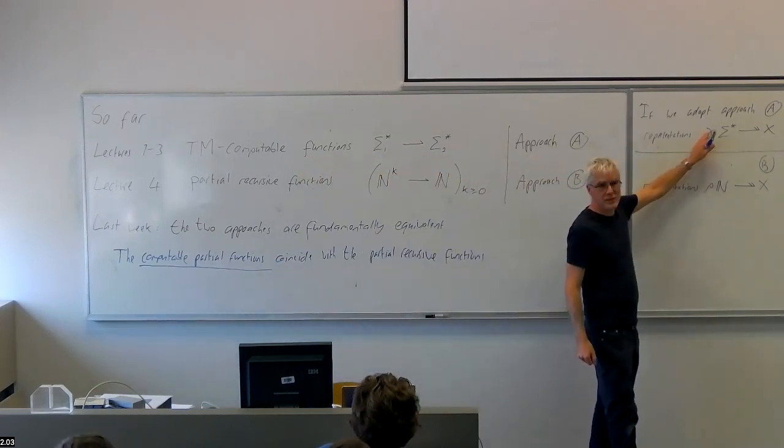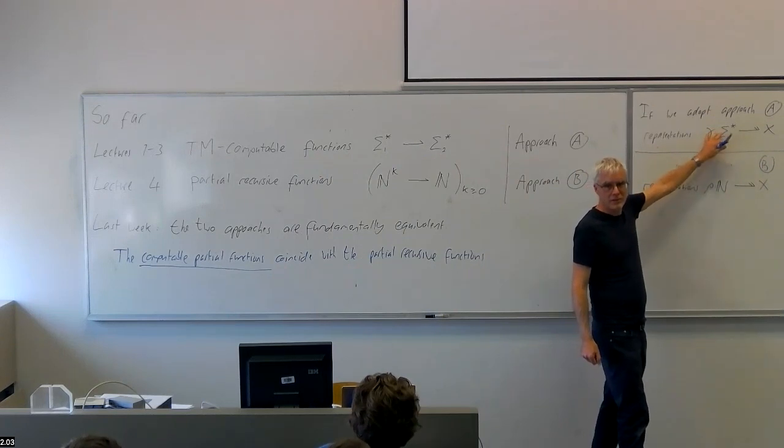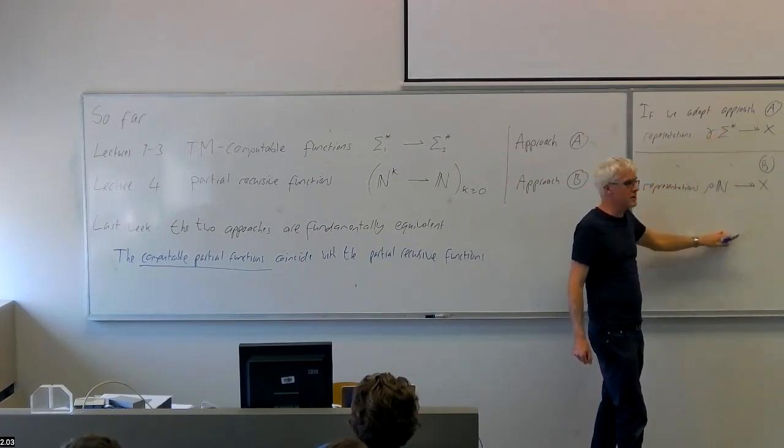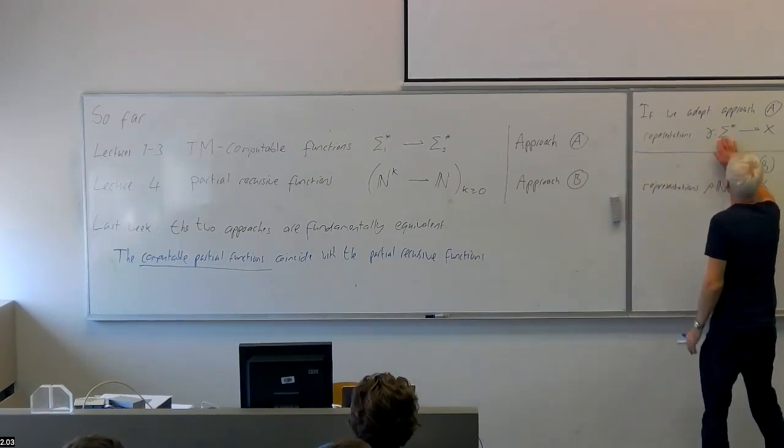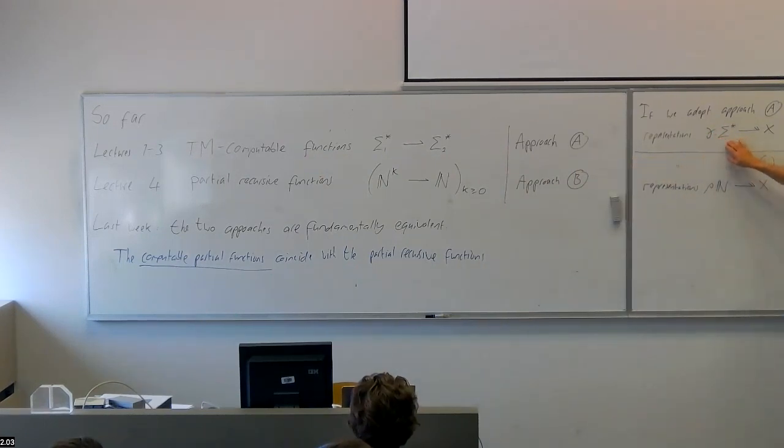It's not very hard to see that one can go from representations of the first form, the A representations, to the B representations, because for any finite alphabet, the set of words, or finite sequences over the finite alphabet, can easily be put in an easily computable bijection with the natural numbers, and vice versa.